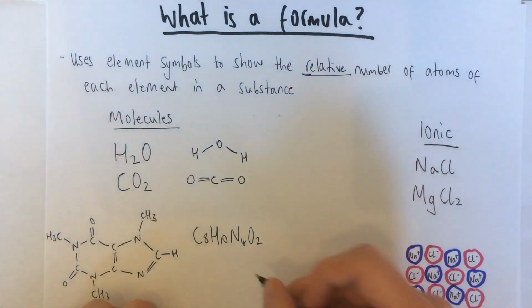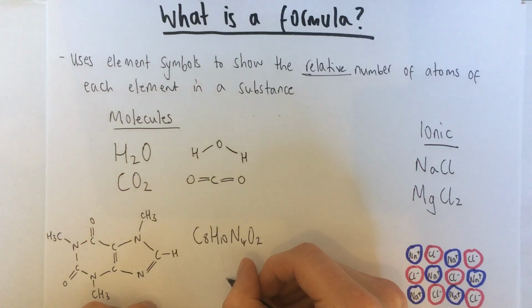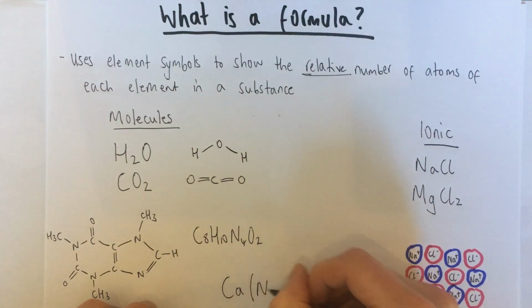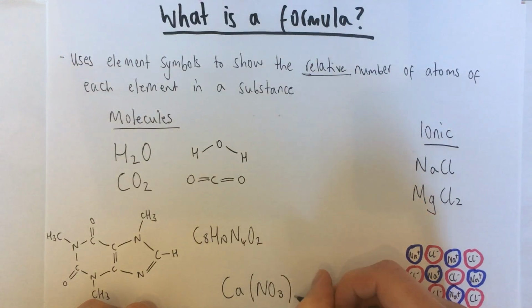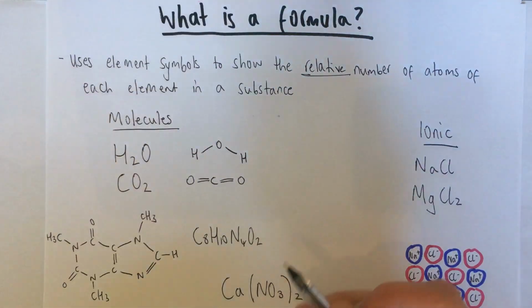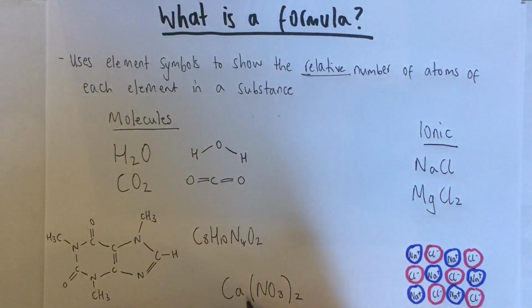If there are brackets, that's a special case. For example, calcium nitrate would be Ca(NO3)2, and brackets in chemistry are very similar to brackets in maths. It just means that whatever's outside those brackets multiplies everything inside those brackets. For calcium nitrate, calcium's not in the brackets, so it's just 1 of those because there's no number.